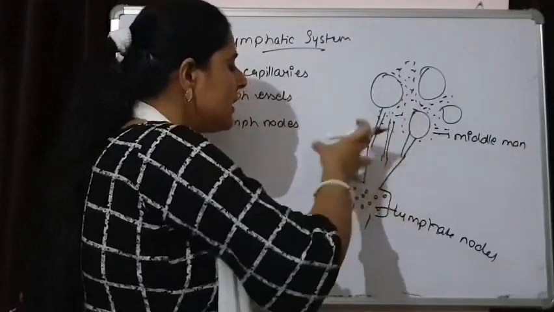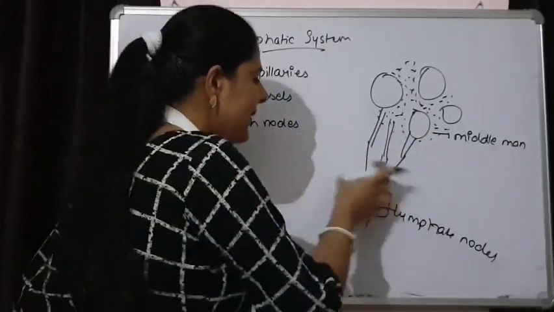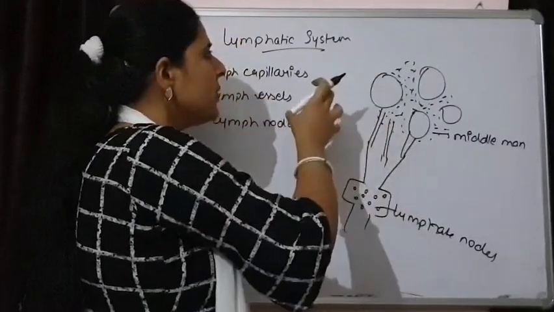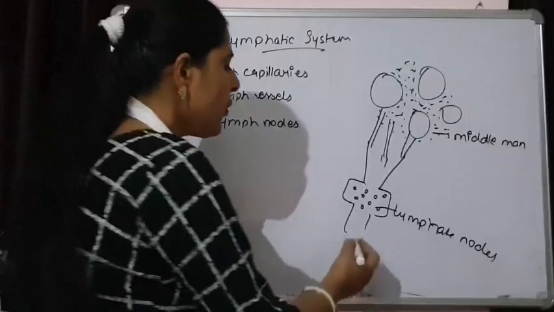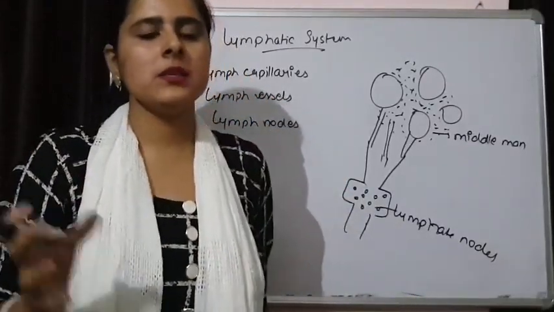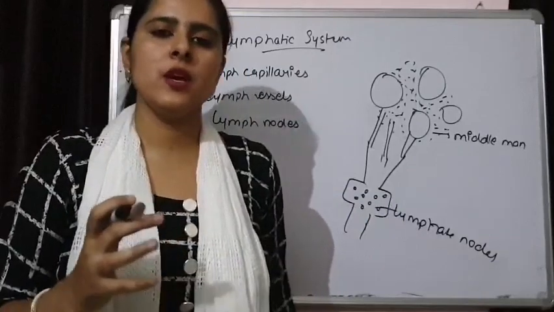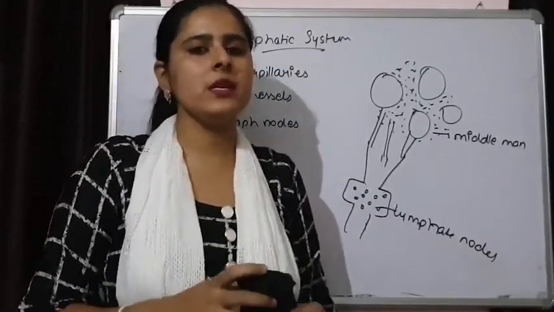So all the foreign agents and microorganisms will be killed over here. So lymph is also helping in making our immune system. From here, this pure lymph will enter into the blood. This is how the lymphatic system is functioning. Next time we will discuss our main circulatory system.